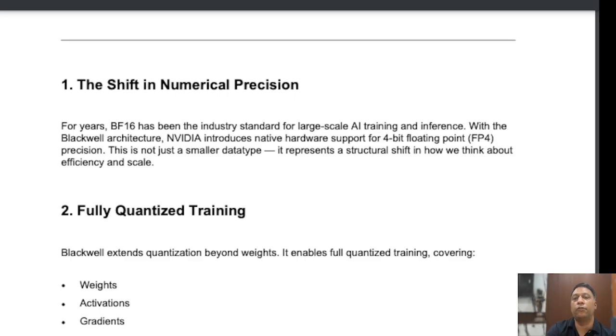So it's a combination of weights, activations, and gradients all together that is being trained throughout the machine learning pipeline, and this is natively supported with the Blackwell infrastructure. There is very precise optimization being done so that the smaller 16-element scaling blocks can be fit in to give you the same precision that comes out with FP16.